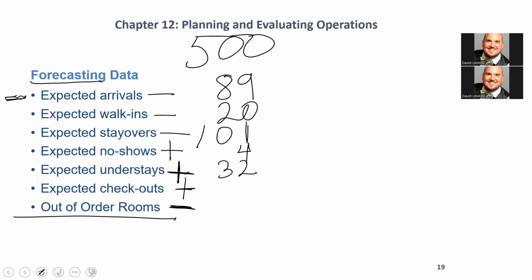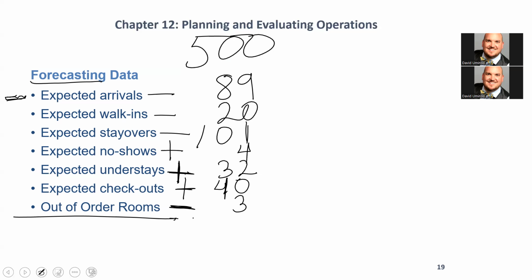Chris, how many checkouts? 40 checkouts. And Leah, how many out of order rooms, between 1 and 10? 3. Yeah, we should not have a lot of out of order rooms, unless, of course, we had some catastrophic event like flooding or things like that.